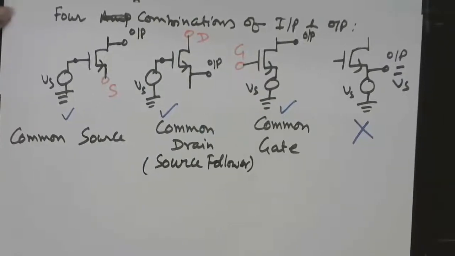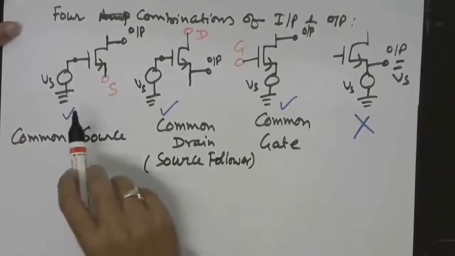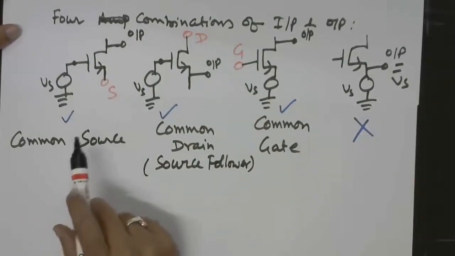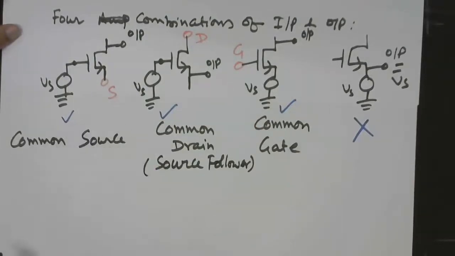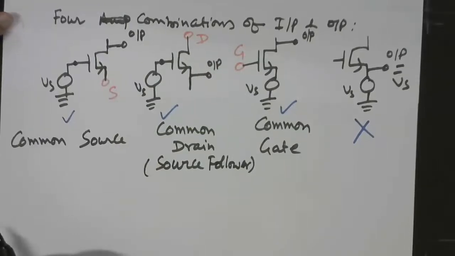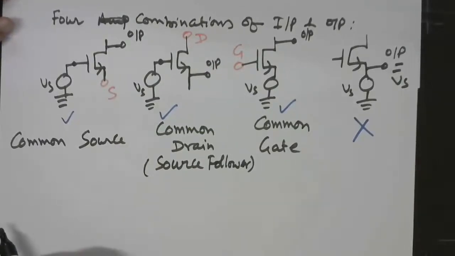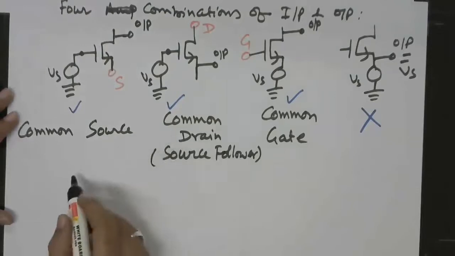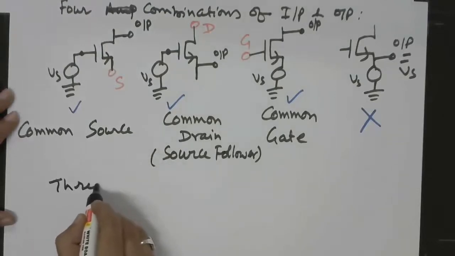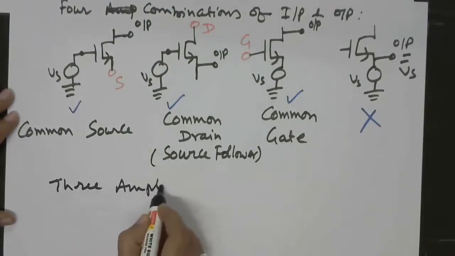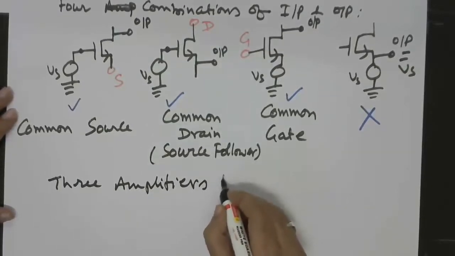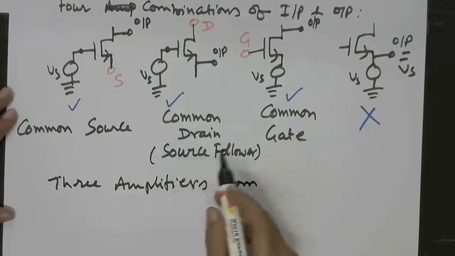So in this course, in future classes, we will take up each of these configurations and analyze them. That means try to find out which one is good at doing the amplification and what are their advantages and disadvantages. So we say that now we have three types of amplifier. So these are the three amplifiers from NMOS.